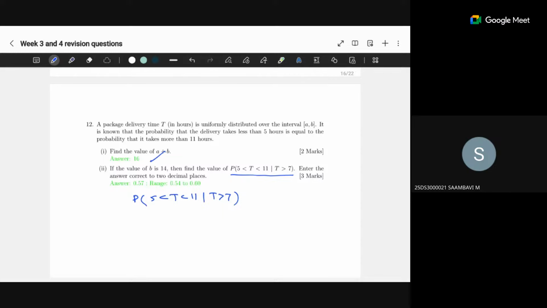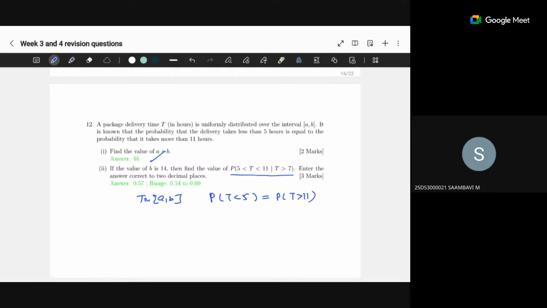The first part is we need to calculate the value of a plus b, and t is following a uniform distribution with parameters a, b. It is known that the probability that the delivery takes less than 5 hours is equal to the probability that it will take more than 11 hours. So t is less than 5.